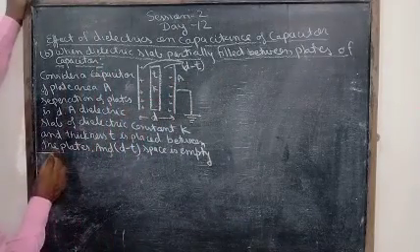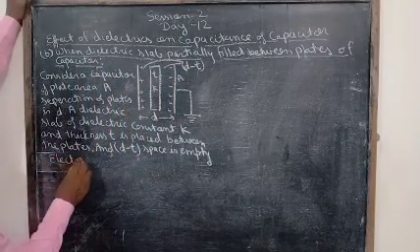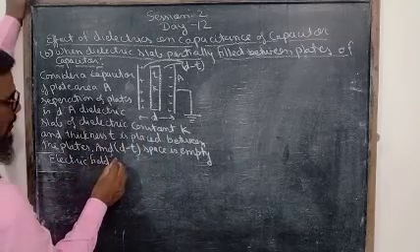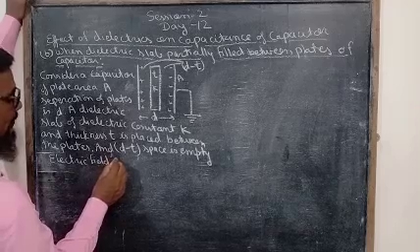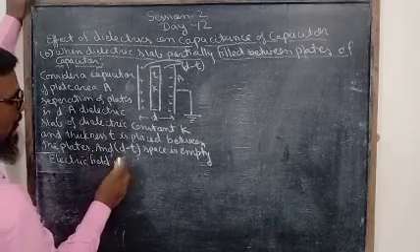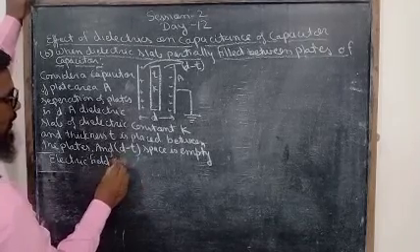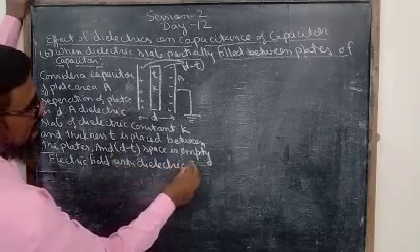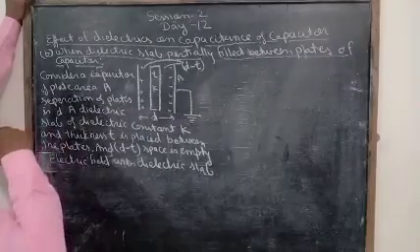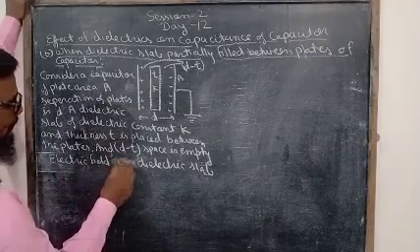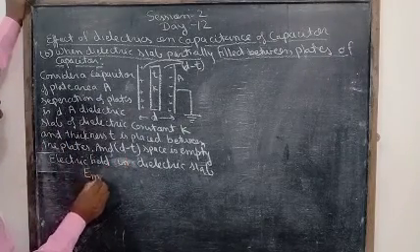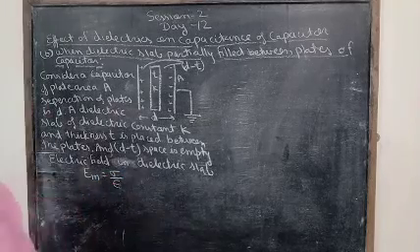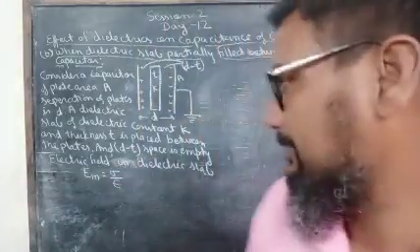Now, the electric field in the dielectric slab: Em is equal to sigma upon epsilon, where epsilon is the permittivity of the medium.